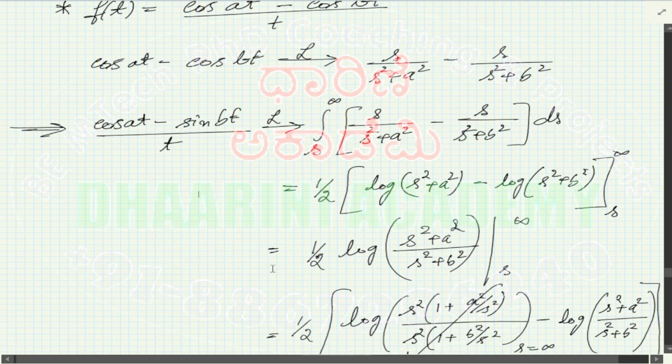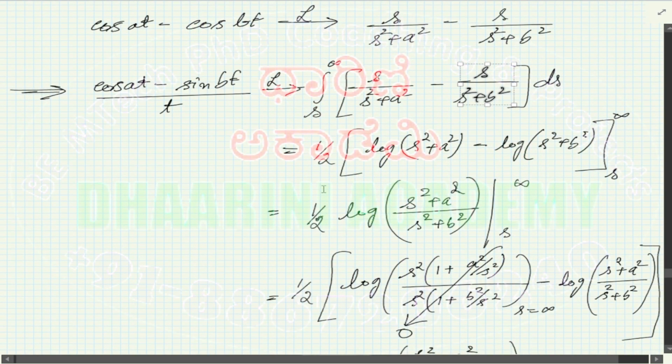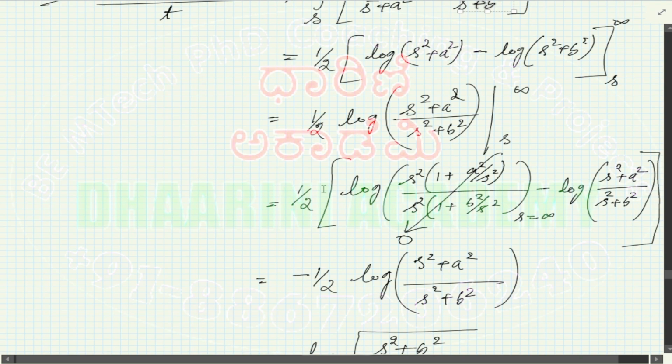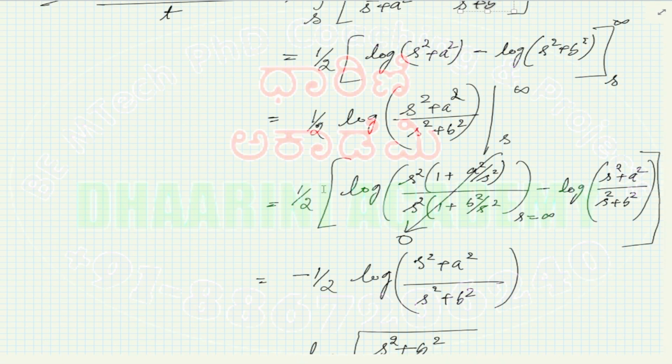Now s by s square plus a square, when you integrate, gives half of log of s square plus a square. Similarly, s by s square plus b square gives half log of s square plus b square. Half is common, we'll keep it. Then apply the limits s and infinity. Once again, you cannot put infinity directly, it becomes infinity by infinity, undefined.